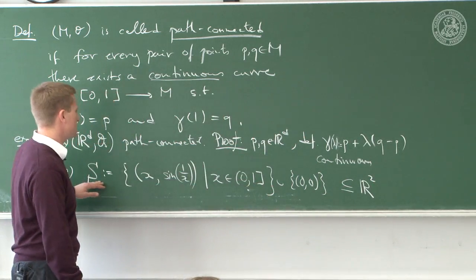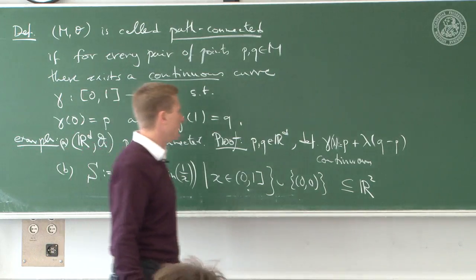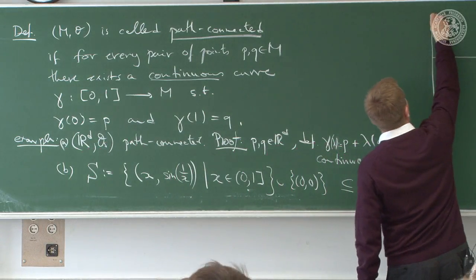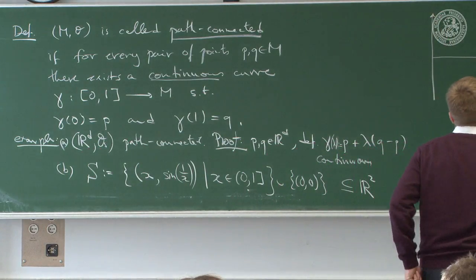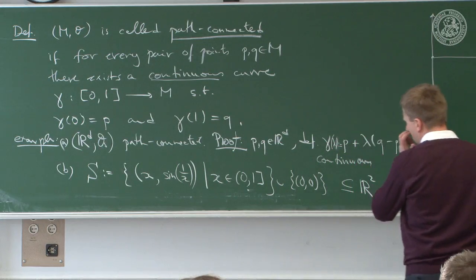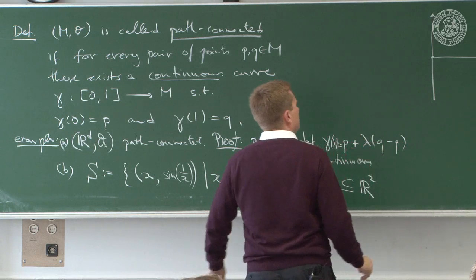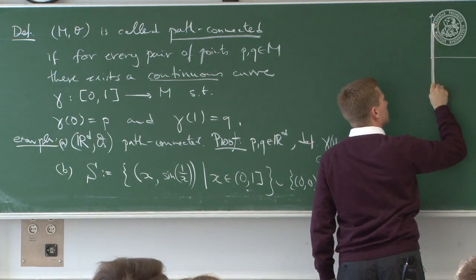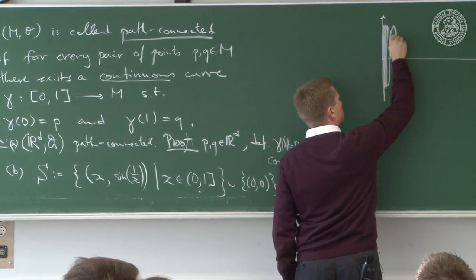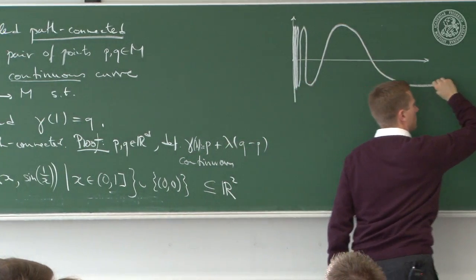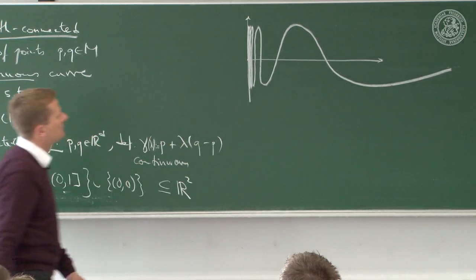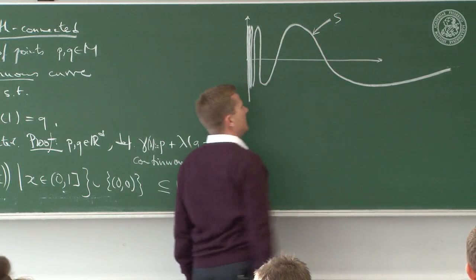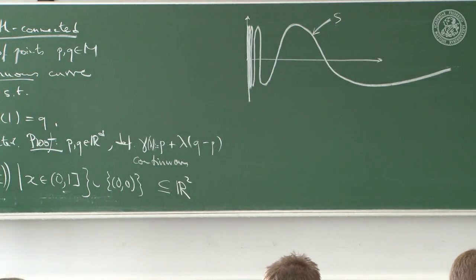Then, of course, this subset inherits a topology, and we should look at what this set is. If I have the R^2 plane here, with the point (0, 0) lying here, then this thing looks, for x going to 0, crazy, somehow like that. And the space we're talking about is this space S, the set of the points of the graph.